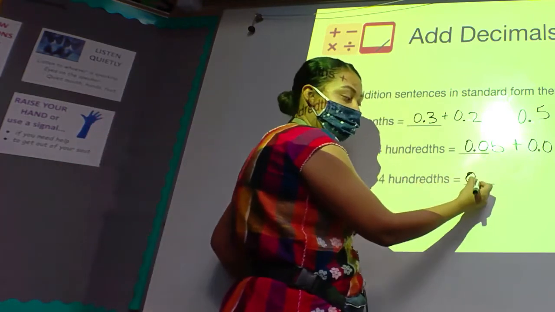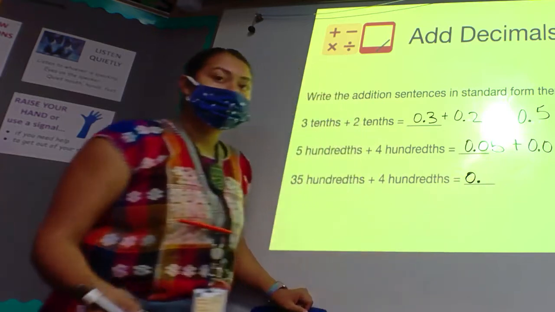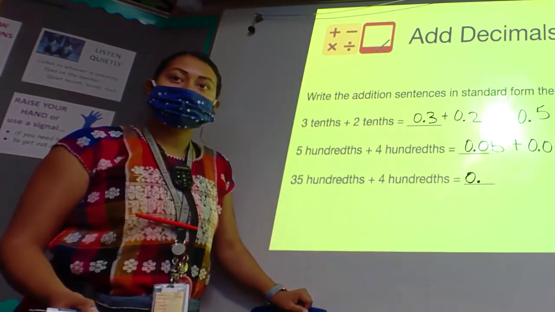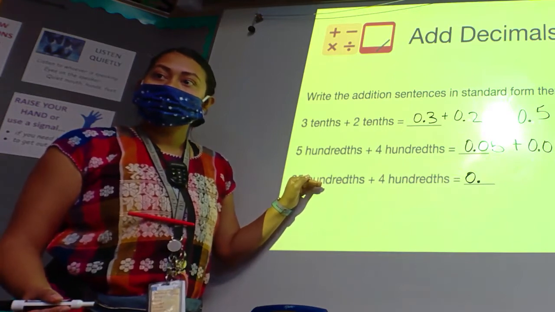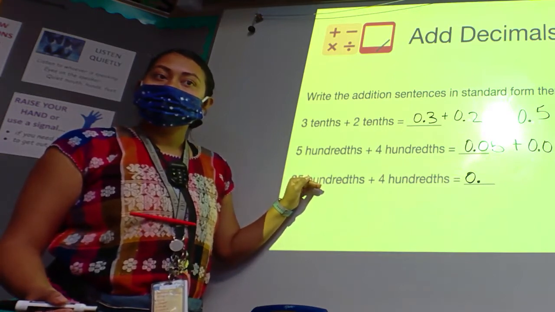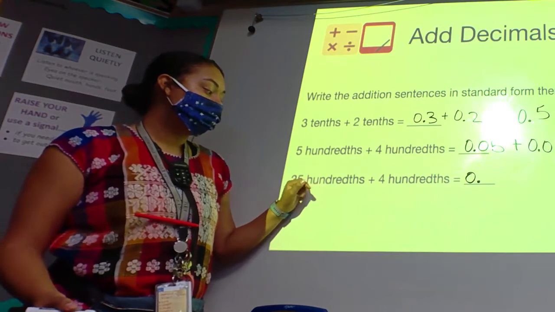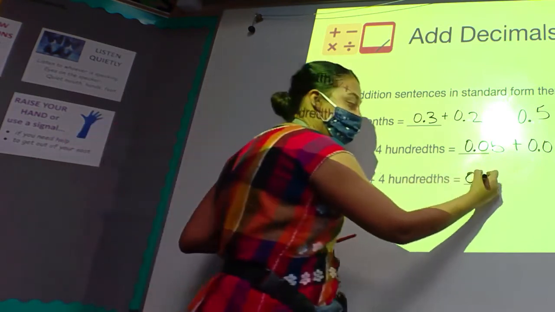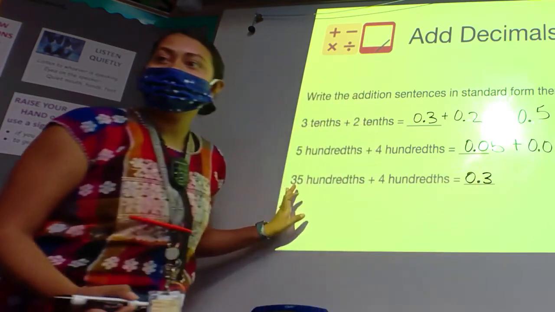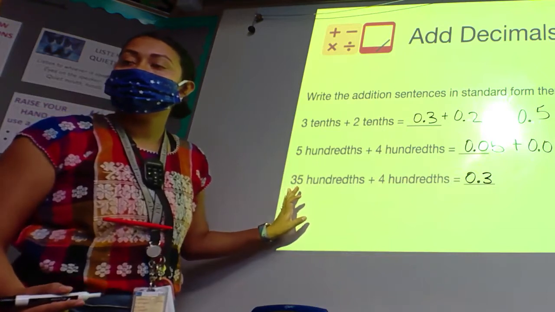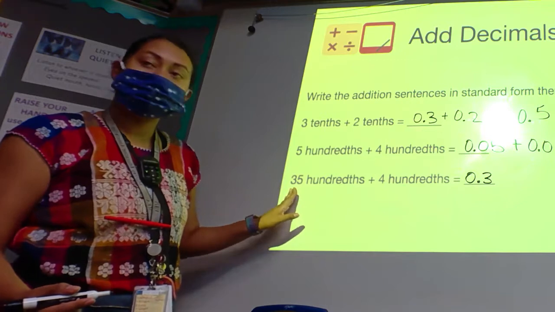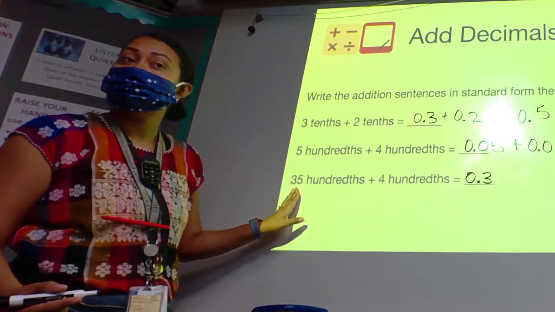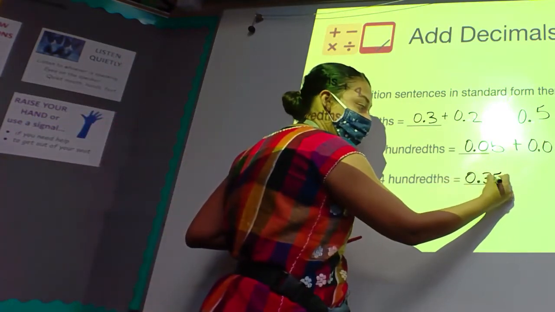So 0 ones, decimal. What comes next? What digit comes next for 35 hundredths in standard form? Tenths, the 3 in the tenths. Dylan, eyes up here. And then what? The 5. Thank you, Noah.